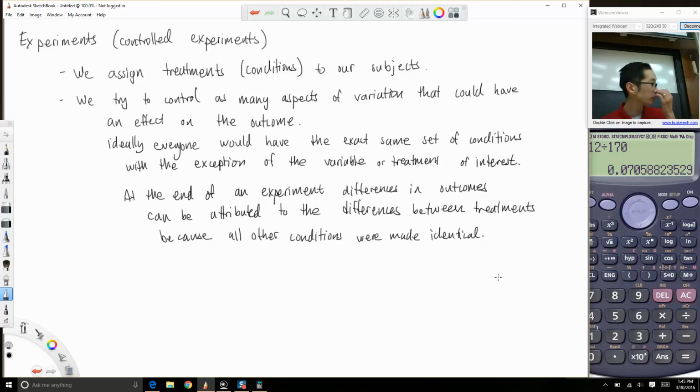Okay? And of course, maybe that's not always possible, but that's the idea that we have. Experiments are not always practically or ethically possible.